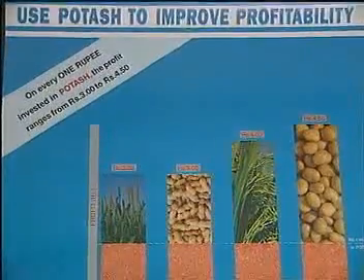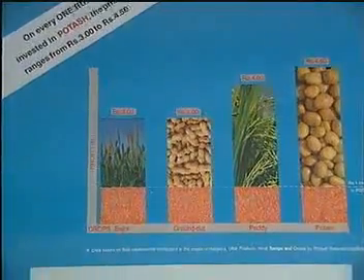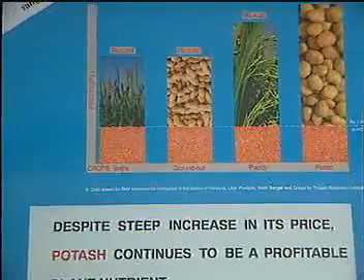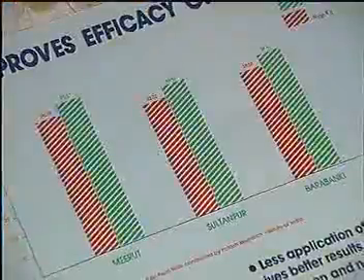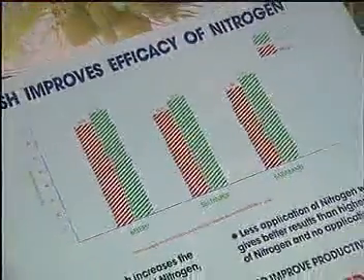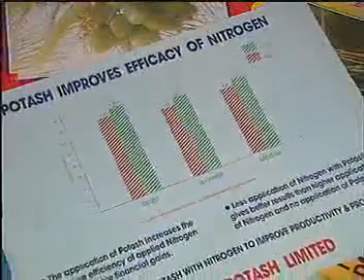This led to the creation of the Indian Potash Supply Agency, which did excellent work in taking potash to all parts of the country and teaching the farmers its use.